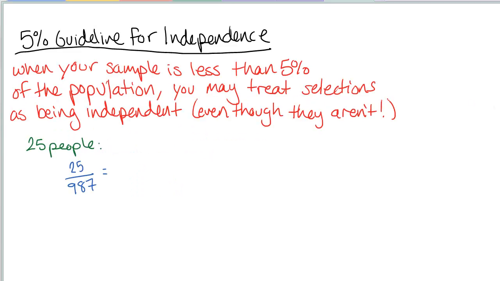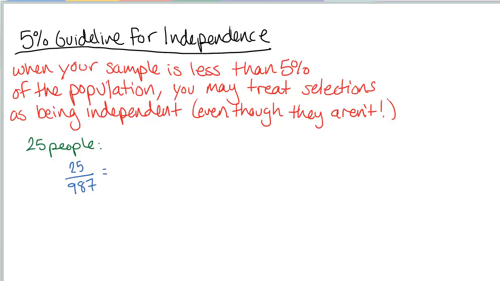For simplicity's sake in the statistics class, though, we're going to use a 5% guideline for independence. And what this guideline says is that when your sample is less than 5% of the population, so you're picking a group of people that's relatively small, you can treat these selections as being independent even though they usually aren't, right?